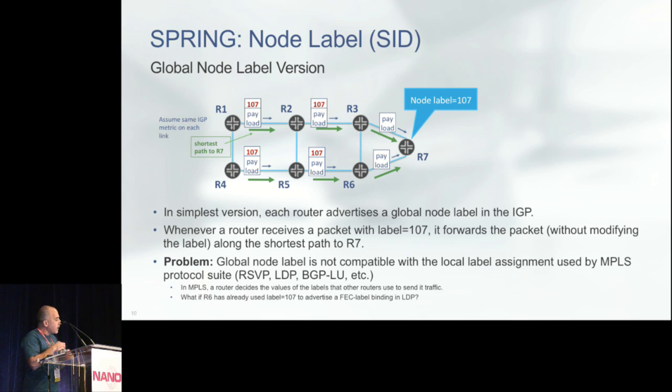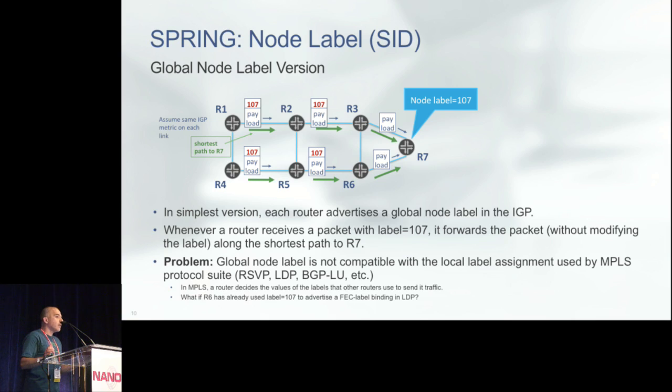So one of them is that if some router from this network was actually connected to another labeled domain, say RSVP or LDP, it may have already allocated that label 107 for that other protocol. So it may not be able to comply with the demand here to use label 107 to reach router 7. So that will break.